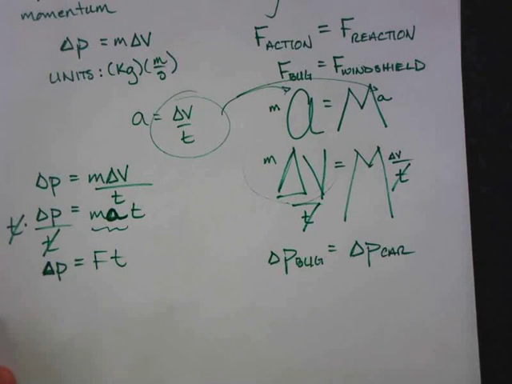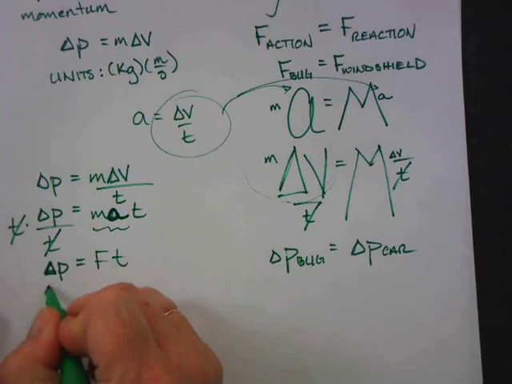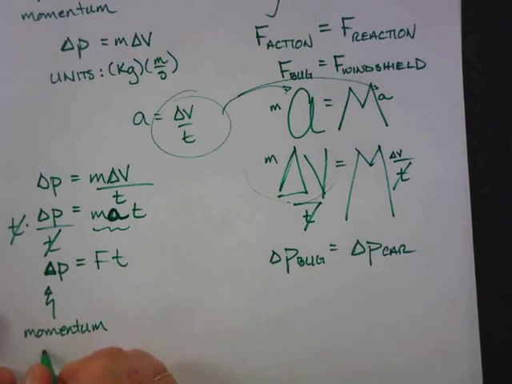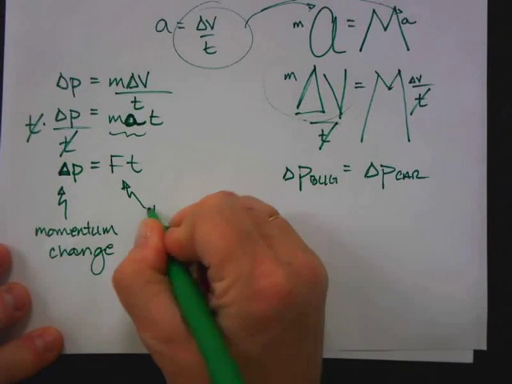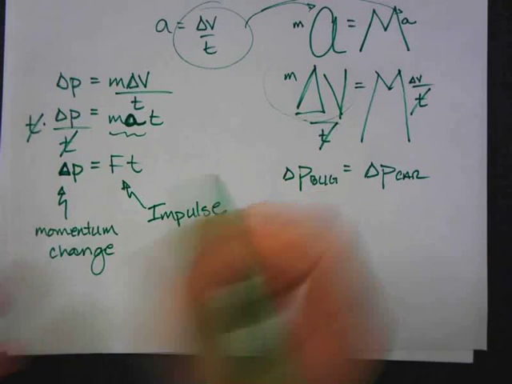So now we have a different way of expressing change in momentum. I was just trying to do that in the least amount of steps possible. So change in momentum has another name. And that name is impulse.